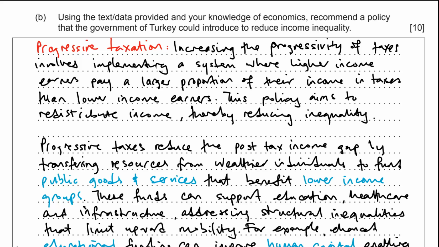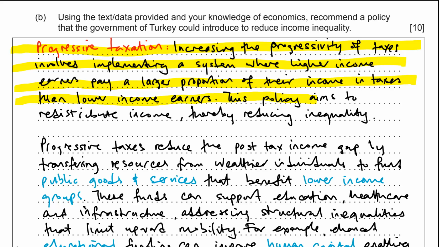Okay, so this is what I've written. This is my take, right? Here I've said that progressive taxation, increasing the progressivity of taxes, involves implementing a system where higher income earners pay a larger proportion of their income in taxes than lower income earners.